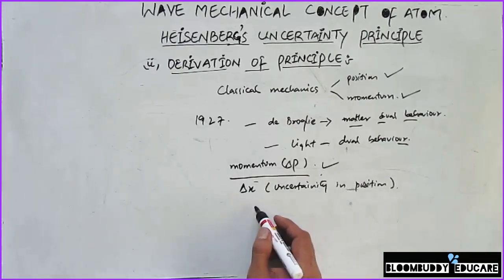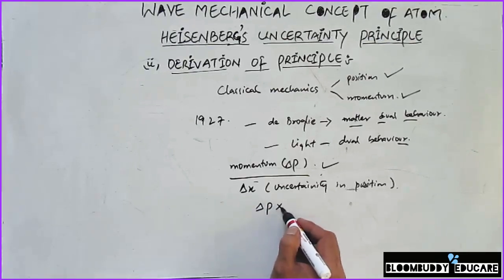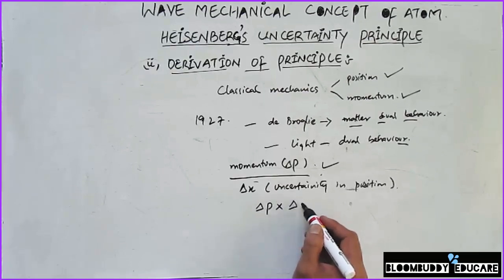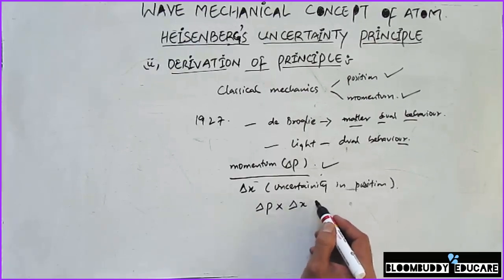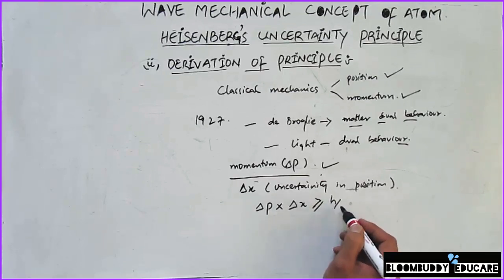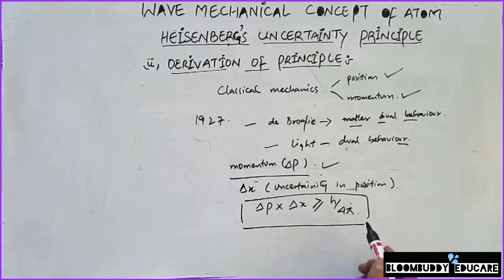In simpler terms, the product of the uncertainty in momentum and the uncertainty in position is always greater than or equal to h by 4 pi. This equation is Heisenberg's uncertainty principle.